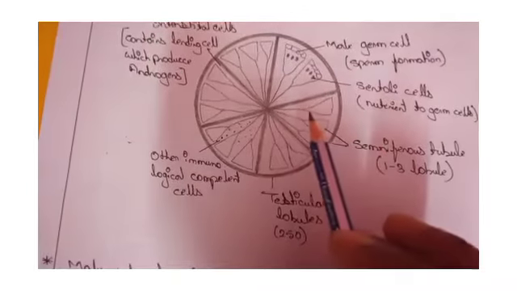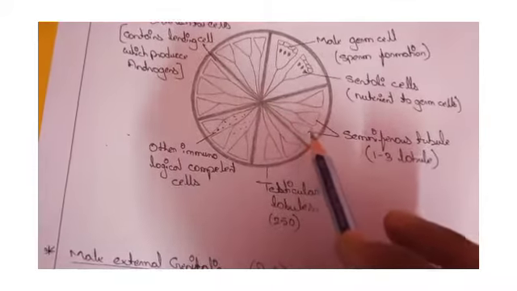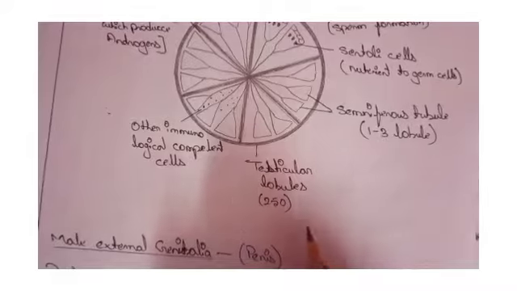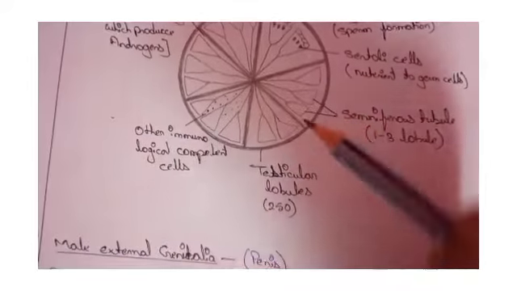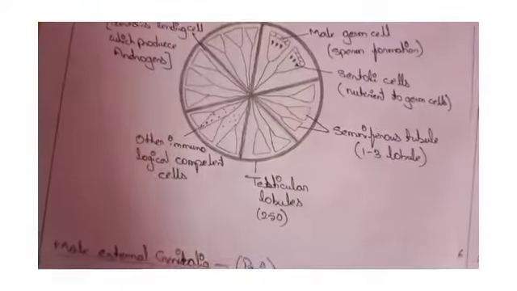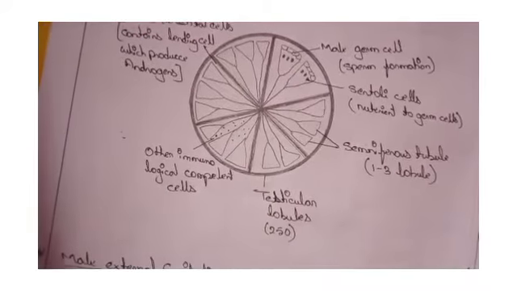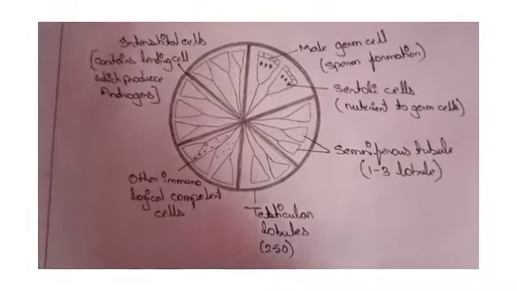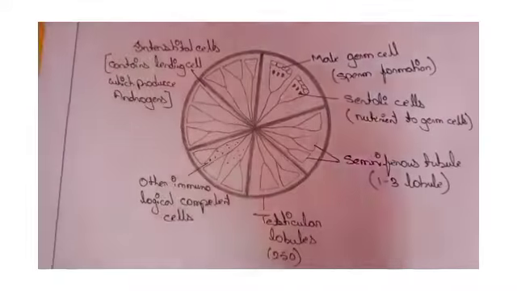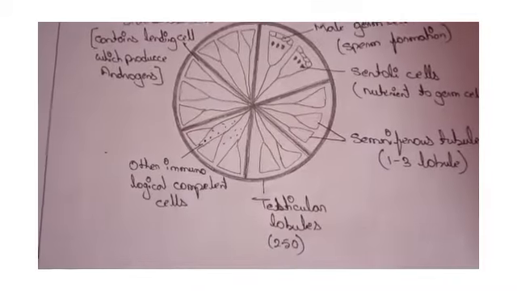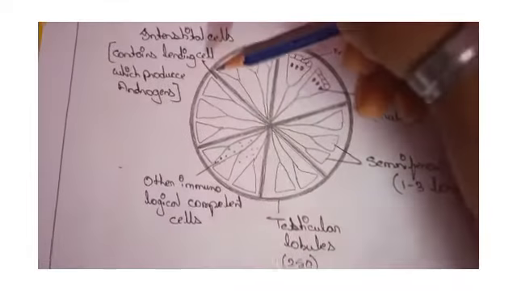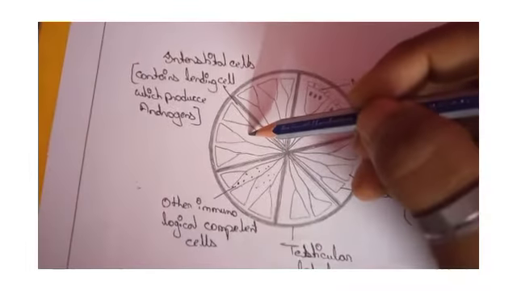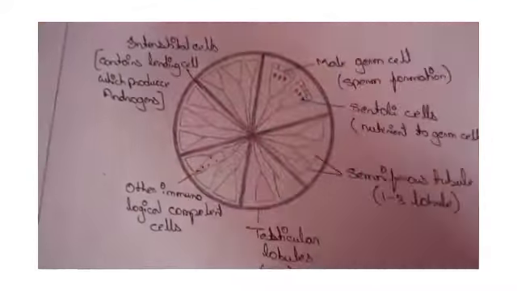In one testis there are 2 to 3 lobules of seminiferous tubules, and in one testicular lobule there are 250 chambers. This is the other immunological component cell, and this is the interstitial cell, this vacant space.